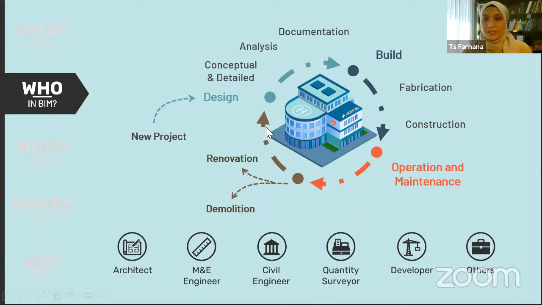And after that, it's a life cycle. After that means the demolition or renovation. If renovation, for example, they will still use the model. Of course, they will upgrade the model, update with the latest info. So from the building is there, the model is already there, until the demolition of the building. So the BIM model will accompany the building.